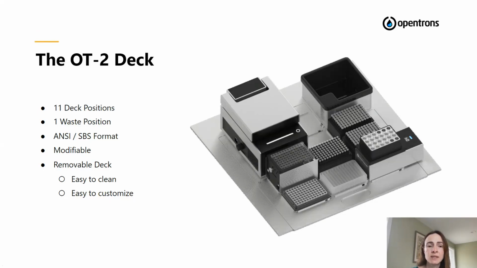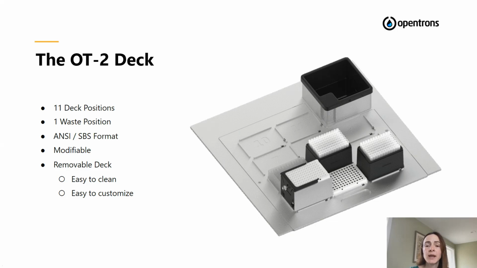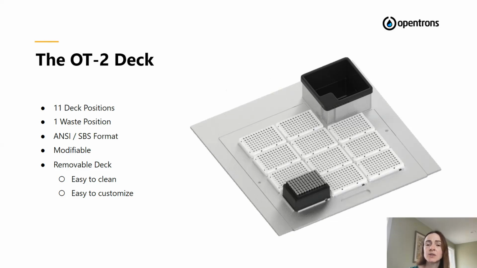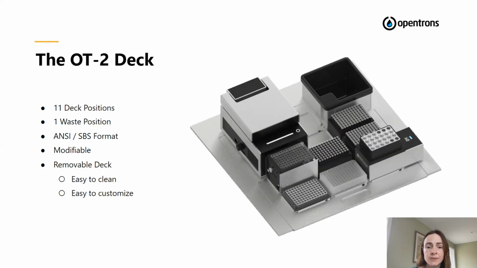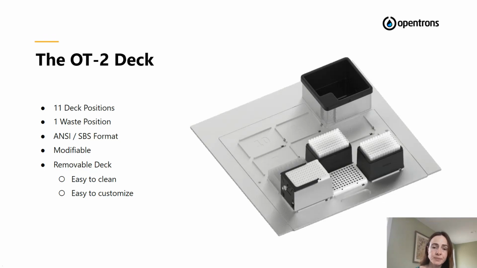Anything that has a standard SBS footprint can fit on the deck, and you can move those things around depending on your application and your workflow. In the top right-hand corner, the only thing that isn't moving is the waste, and so that's where the tips get ejected. As I mentioned, those deck positions are for SBS format consumables and labware and so on.